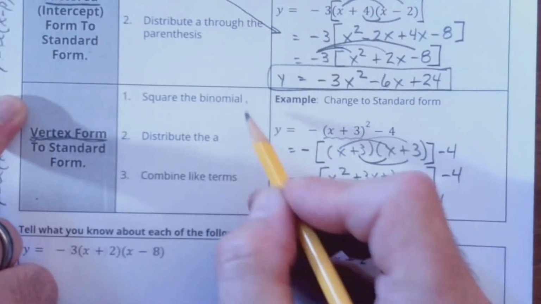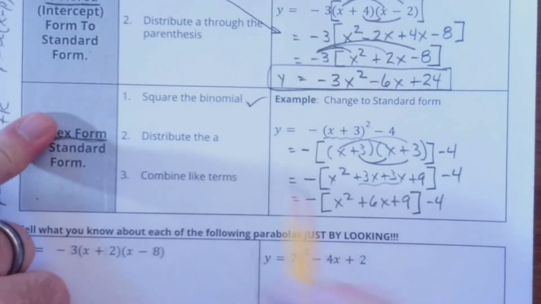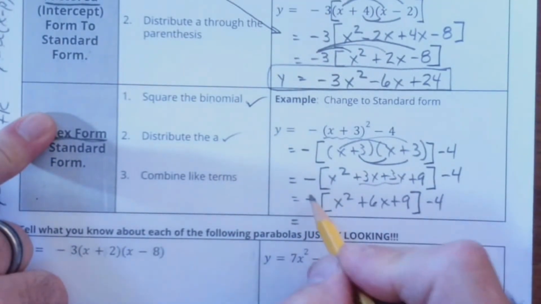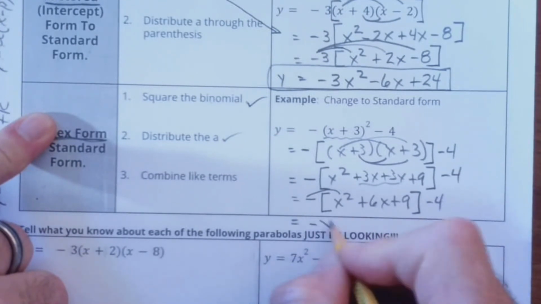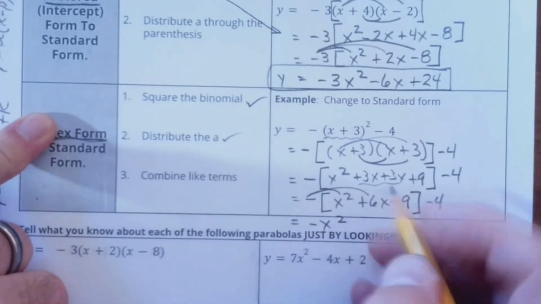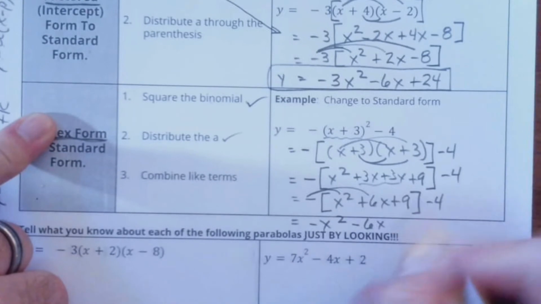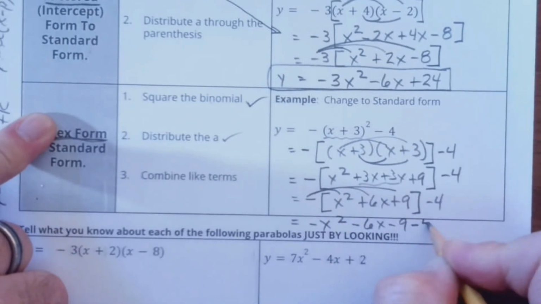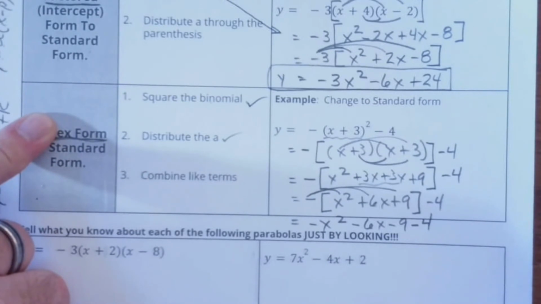All right, now we've done square the binomial. Now we have to distribute the a value. So minus x squared minus 6x minus 9, and then we have the minus 4.